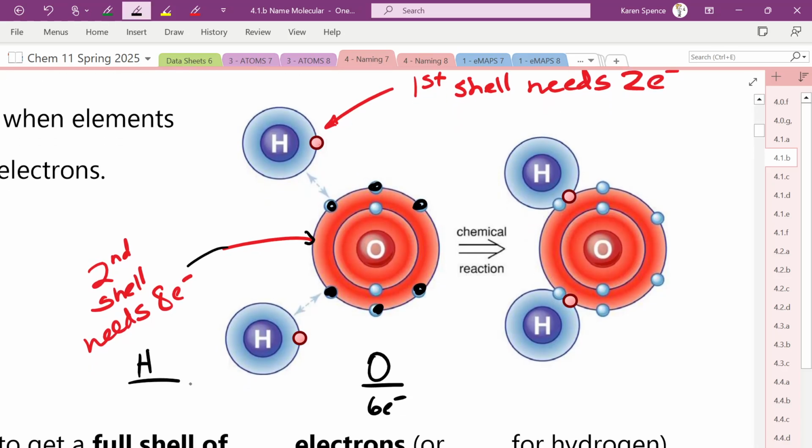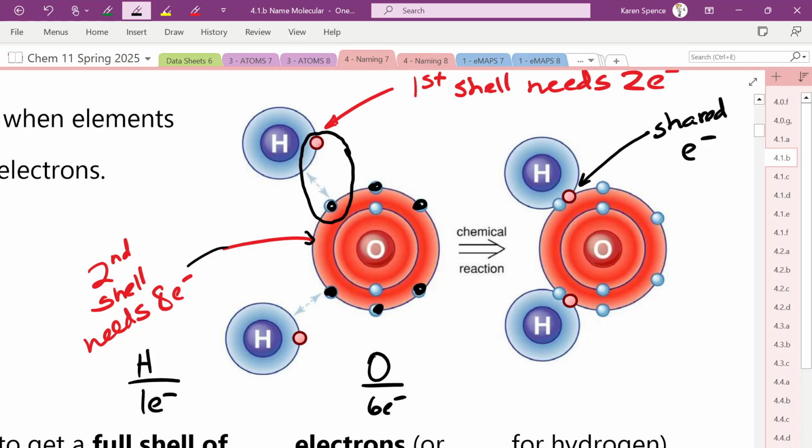Hydrogen has 1 electron. But hydrogen doesn't just want 1, it wants 2. So what could be nicer than hydrogen? Oxygen can help hydrogen out by sharing, okay? So now we have shared electrons.